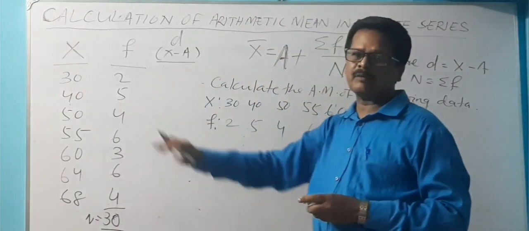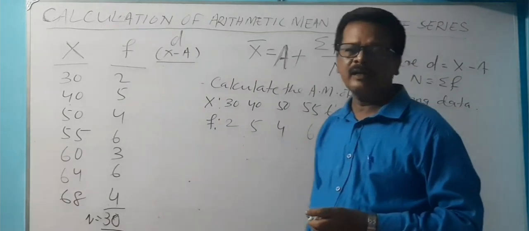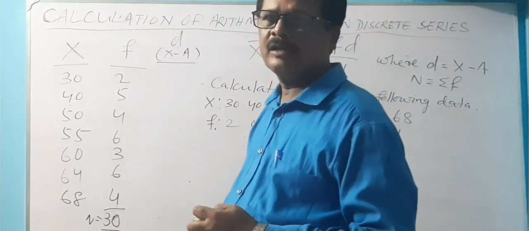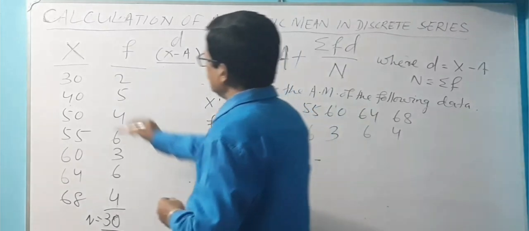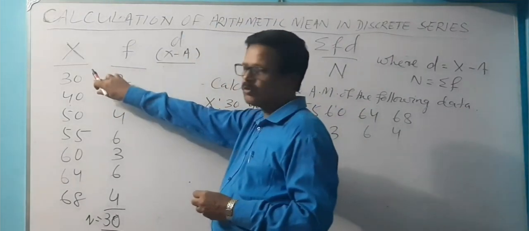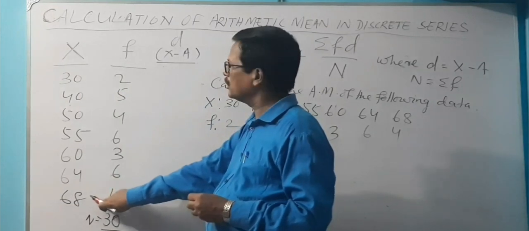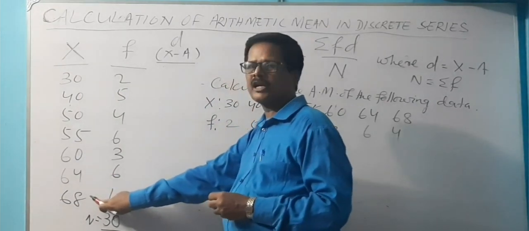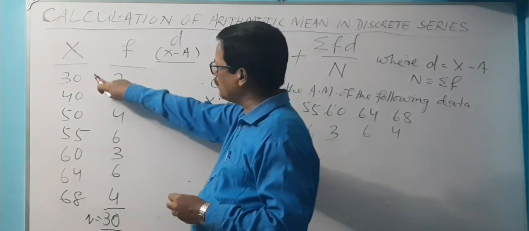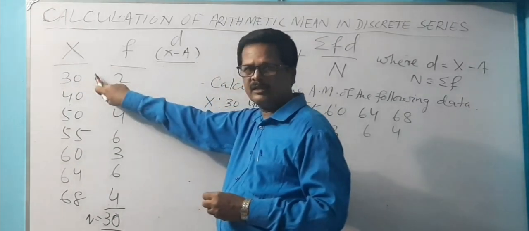At first we have to take a, the assumed mean. In the x column, the lowest value is 30 and the highest value is 68. So 68 plus 30 is 98.